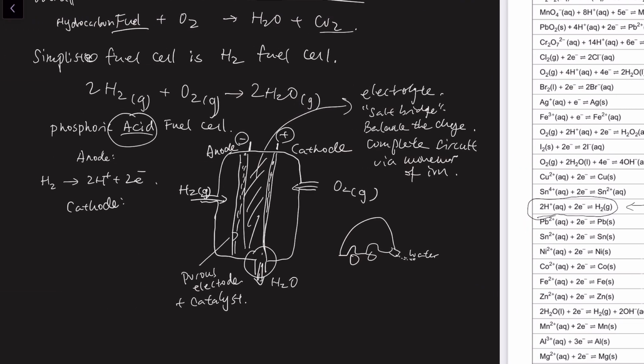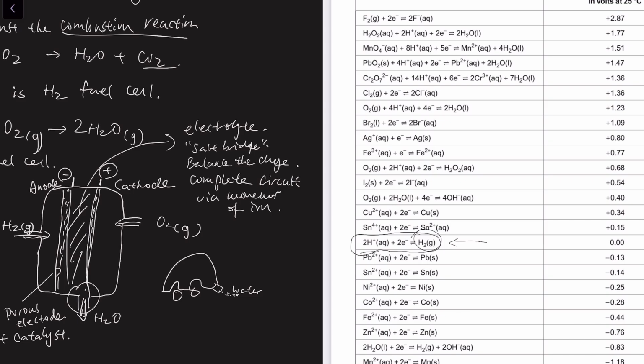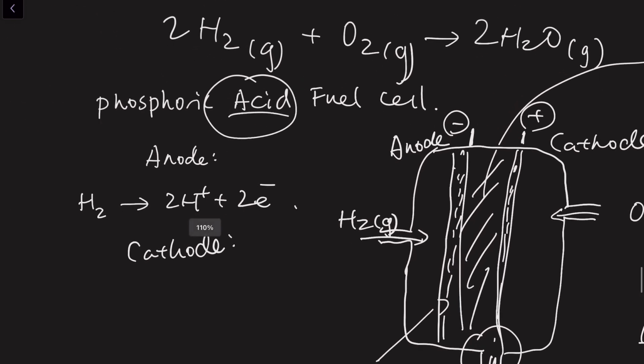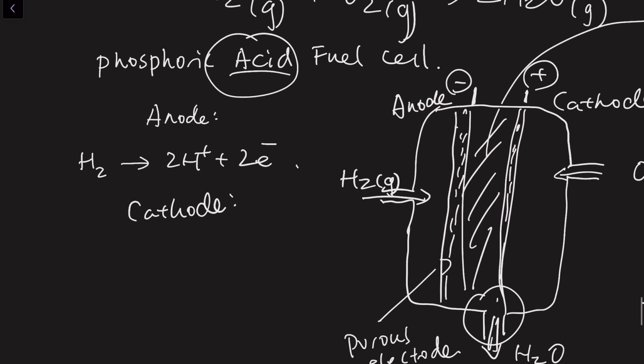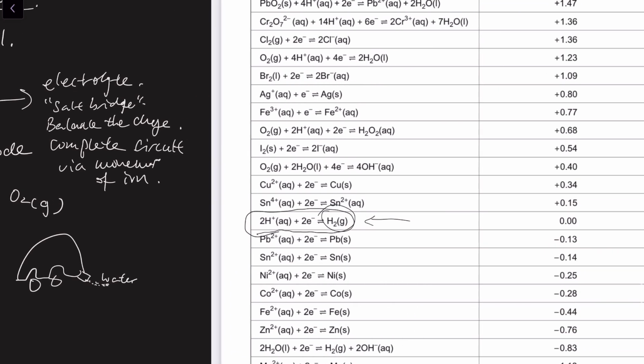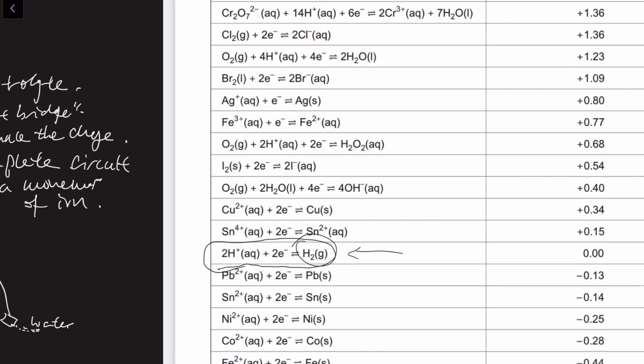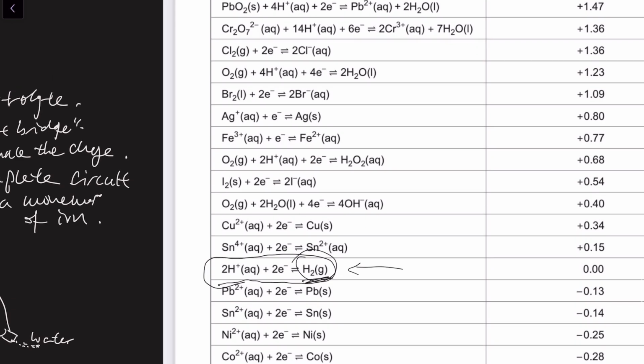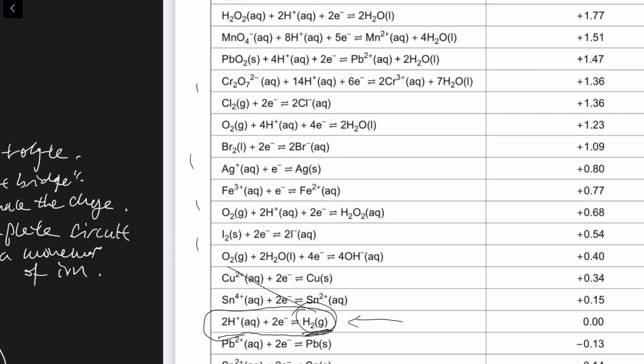The cathode reaction can also be found. So the trick is to find something with H2O, oxygen, and H+ ions in your data book. Let's have a look whether we can find them. We know that hydrogen gas is here. To get a spontaneous redox reaction, we are looking for something above this hydrogen.